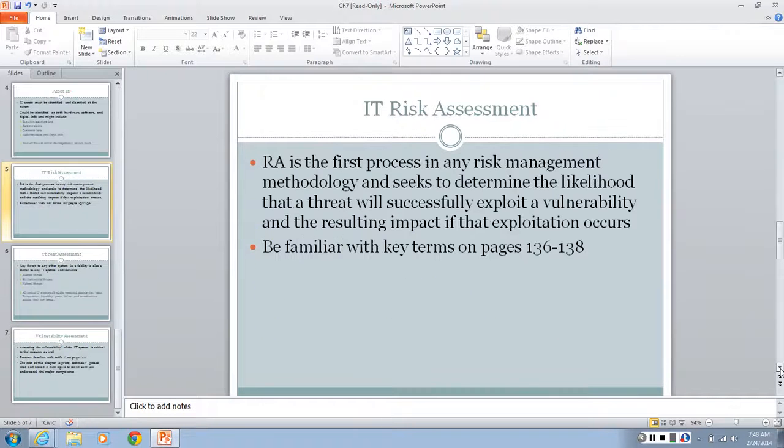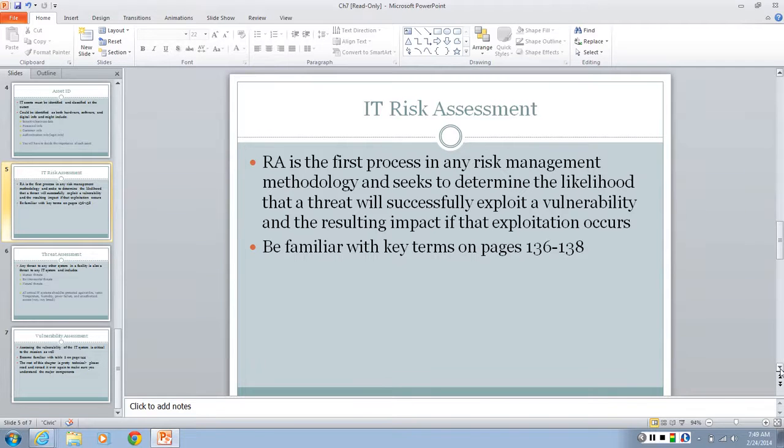Okay. IT risk assessment is the first process in any risk management methodology, and it seeks to determine the likelihood that a threat will successfully exploit a vulnerability and the resulting impact if that exploitation occurs. What I'm saying is we go through the same process of risk assessment in IT as we have with any other asset that we've identified with our facility.